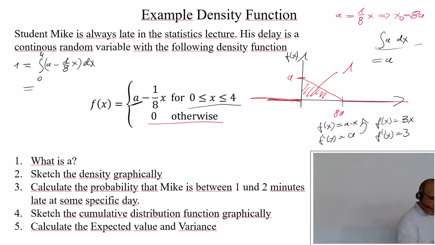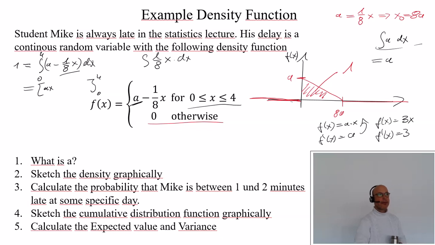So then we can write down, within our limits 0 to 4, a times x. And what is the integral over 1 over 8 times x?